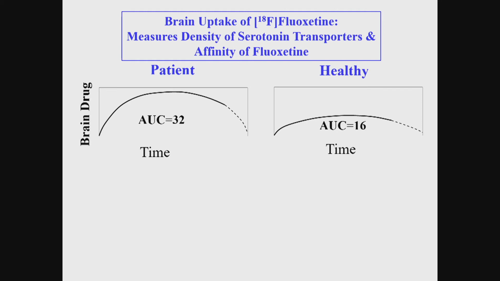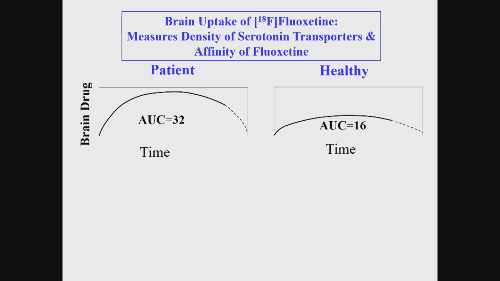So in order to test this, I made F18 labeled fluoxetine, which has several fluorines, and I did this PET scan, and we see much higher uptake in the patient than in the healthy subject. And if we take the entire extrapolated area under the curve to infinity, it was 32 versus 16. And I said, you see, Professor, I've proved my point. Patients with depression have twice as many serotonin transporters.